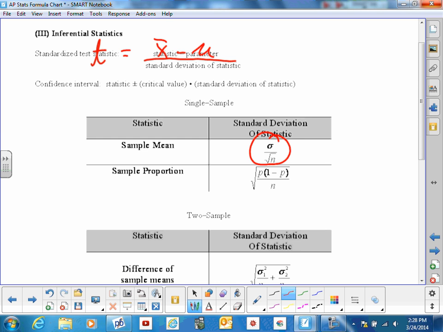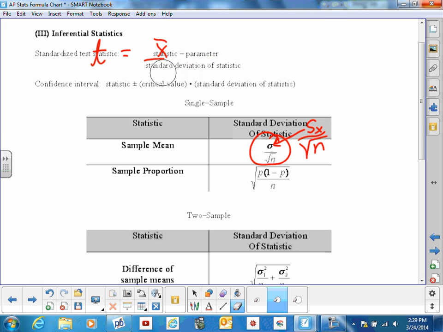However, we're most likely going to have the standard deviation of the sample. On the formula chart is your formula for the t distribution by hand.